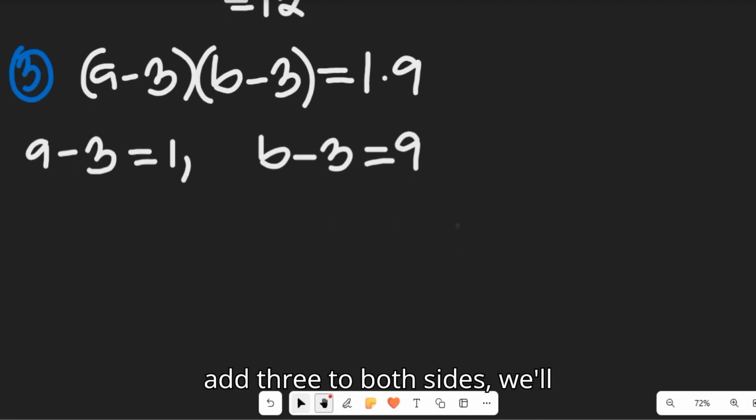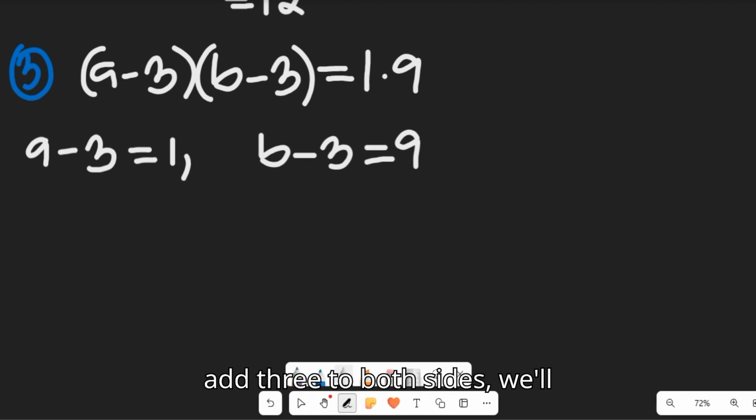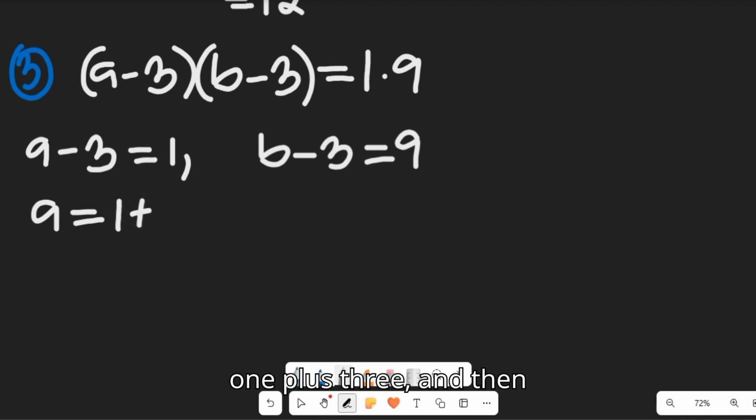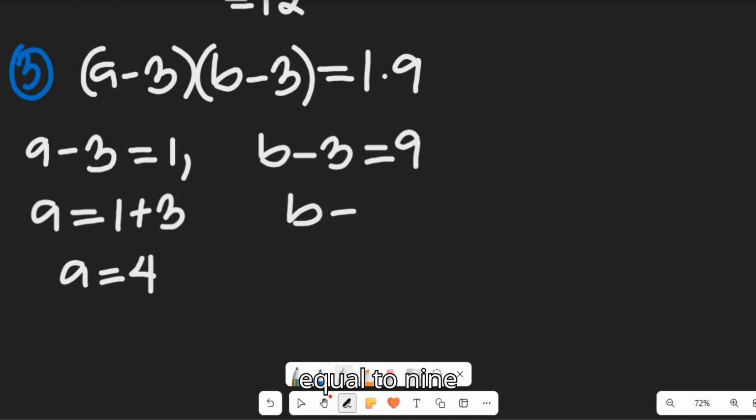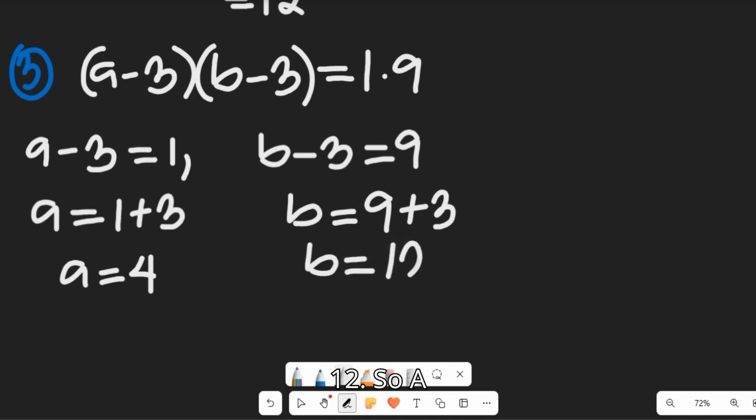So if we add 3 to both sides, we'll have a to be equal to 1 plus 3, and then our a will be equal to 4. Then we'll have our b to be equal to 9 plus 3, and then our b will be equal to 12.